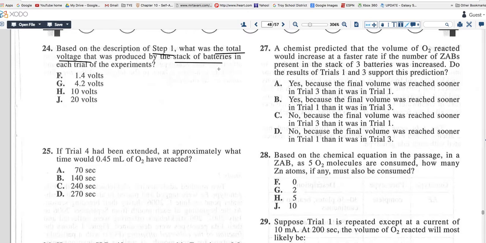If you try one and then you realize, and then if you experiment.